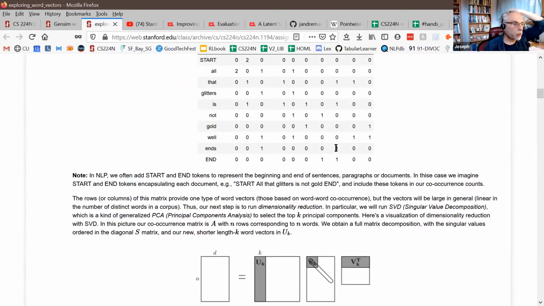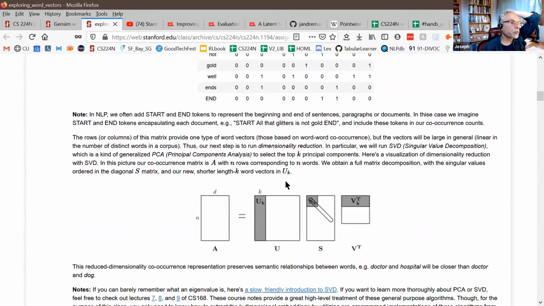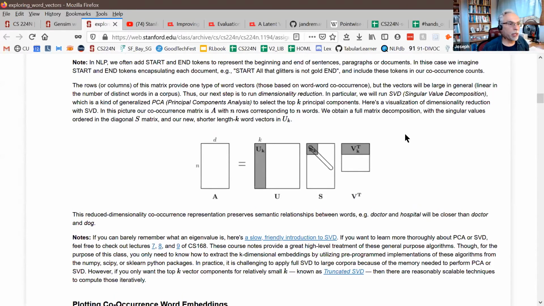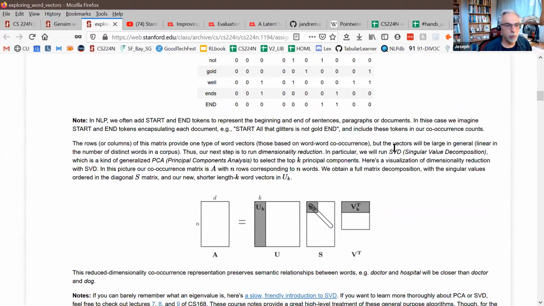Once you've got this matrix populated, you then do an SVD decomposition of the matrix. You can think of SVD as a black box if you haven't become familiar with it yet, but it is a method of matrix factorization.